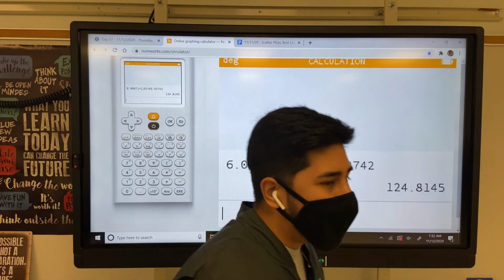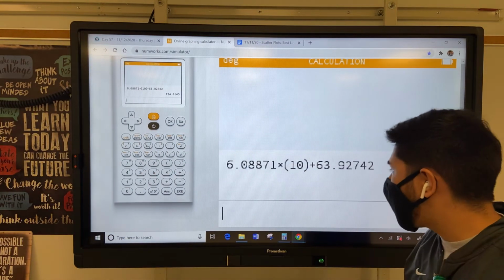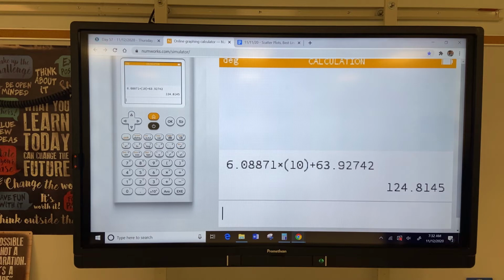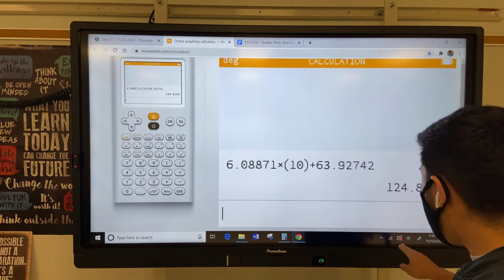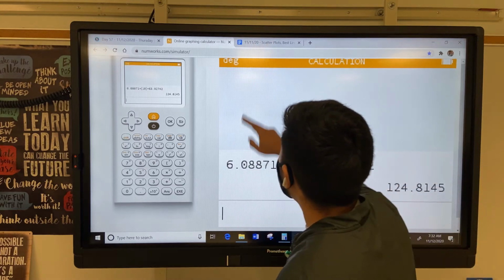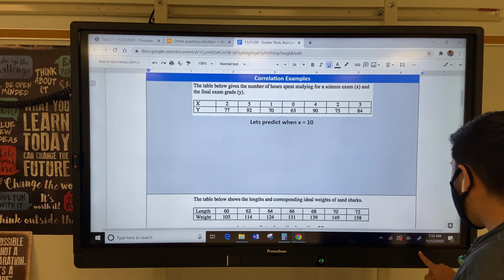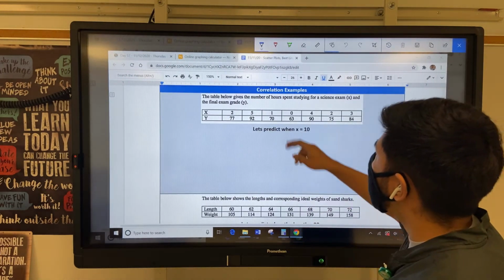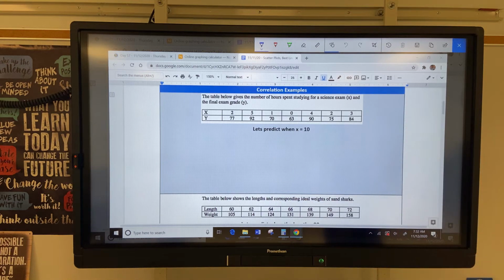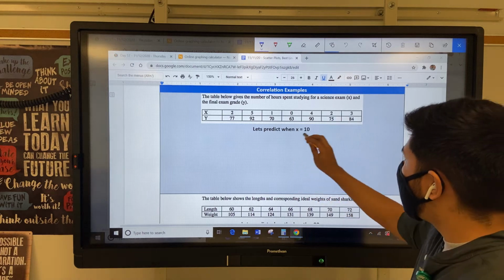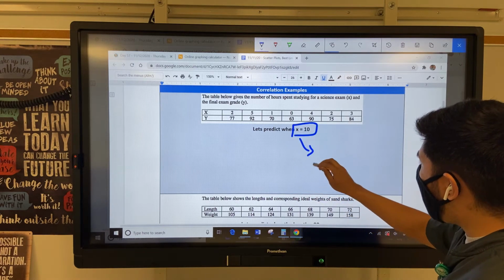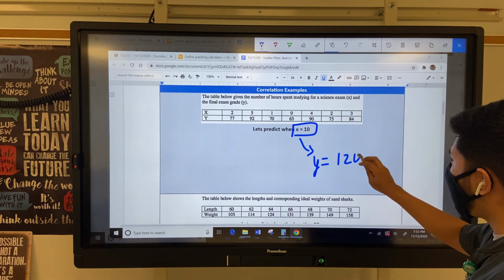Dang, if I studied 10 hours, I would not only just get 100, but I'd get 124 bonus points. So I make sure that when it's X, that means my Y is 124.